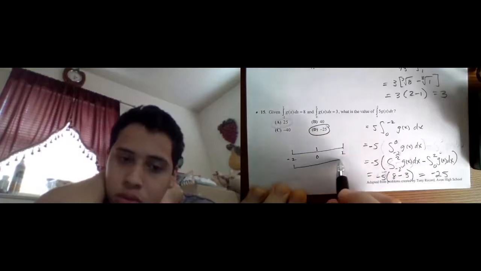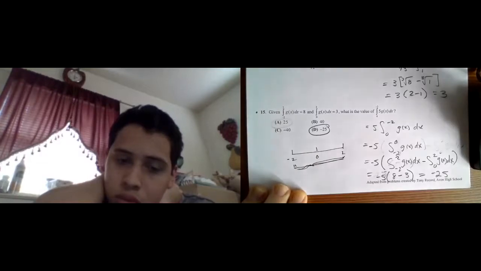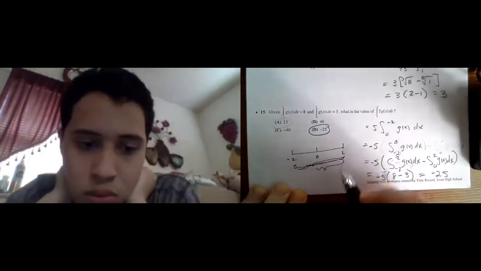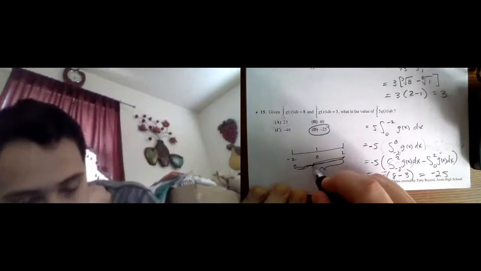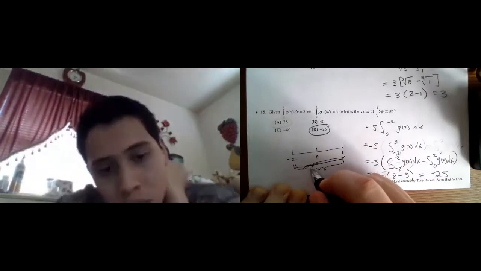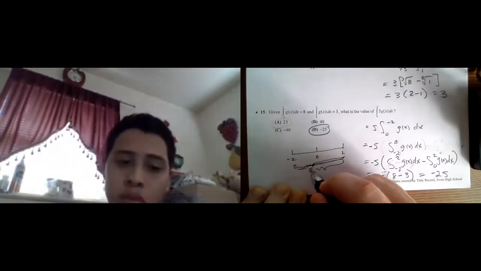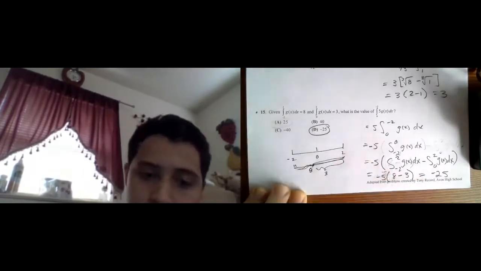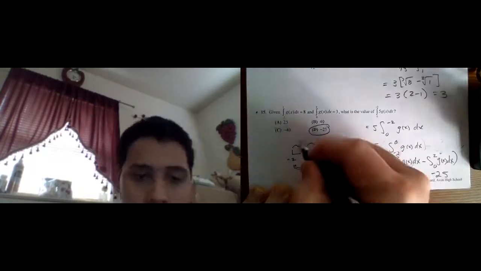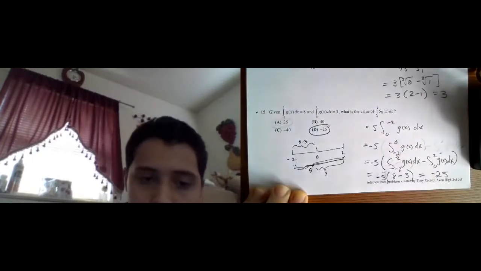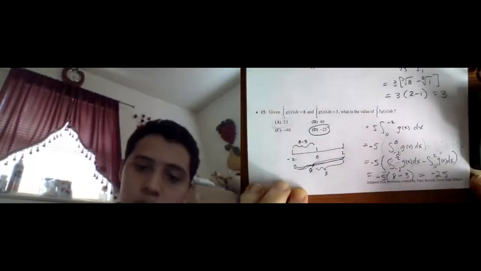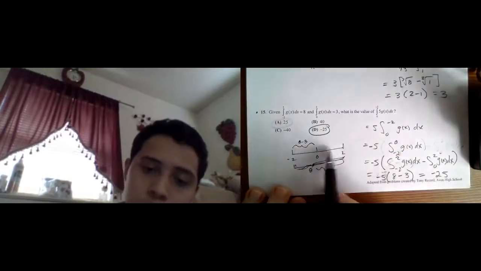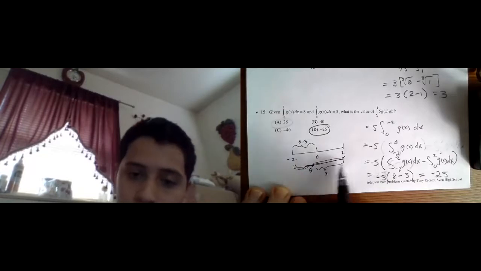If I know the value from -2 to 2, and I know the value from 0 to 2, so this one right here is the 8, this one right here is the 3. Well, if I want to figure out the other part, it's going to be 8 minus 3. That's the additivity property for definite integrals, that consecutive intervals must add up combined.